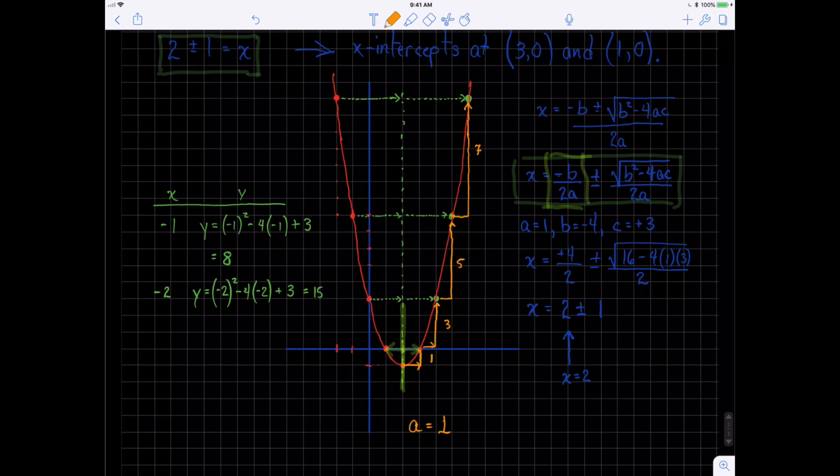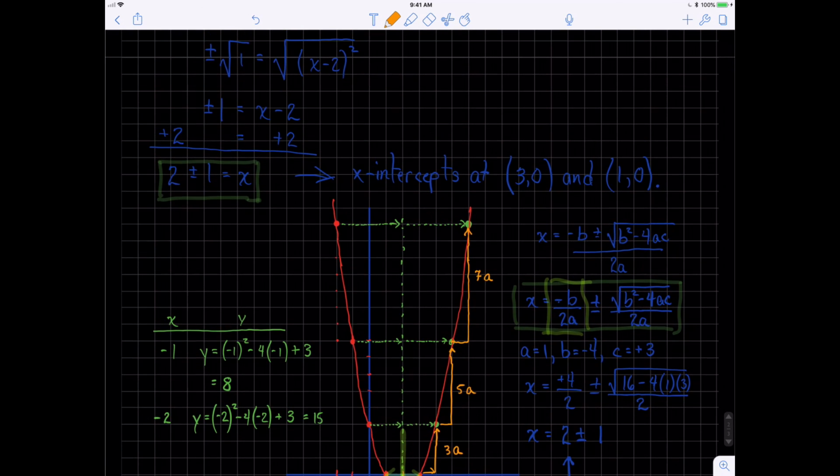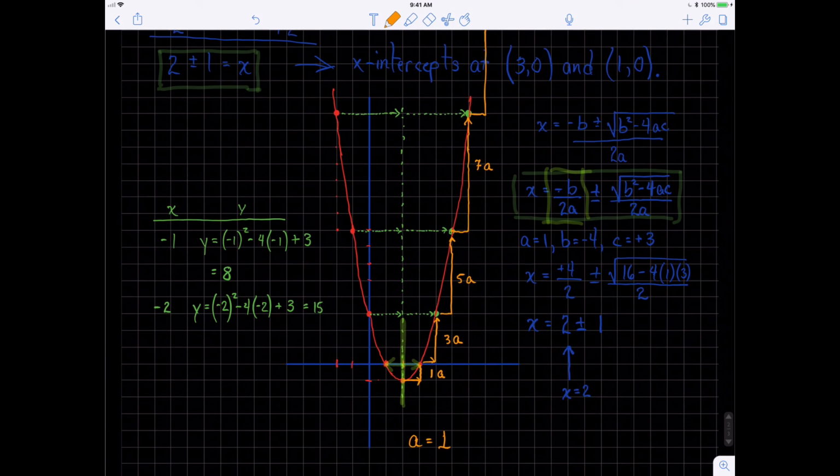And the general pattern is you go over 1, up 1 times A, then over 1, up 3 times A, then 5 times A, 7 times A, and if we had more space, we could even go over 1 and up 9 times A. I guess we do, but we'd be all over our writing, but just to show you, we could go over 1, and then up 9: 1, 2, 3, 4, 5, 6, 7, 8, 9. And that would be the next point by moving up 9 times A. And that is the pattern of the parabola.